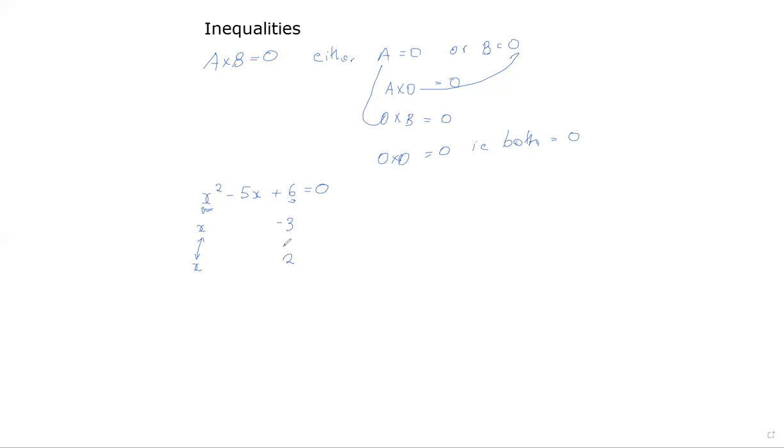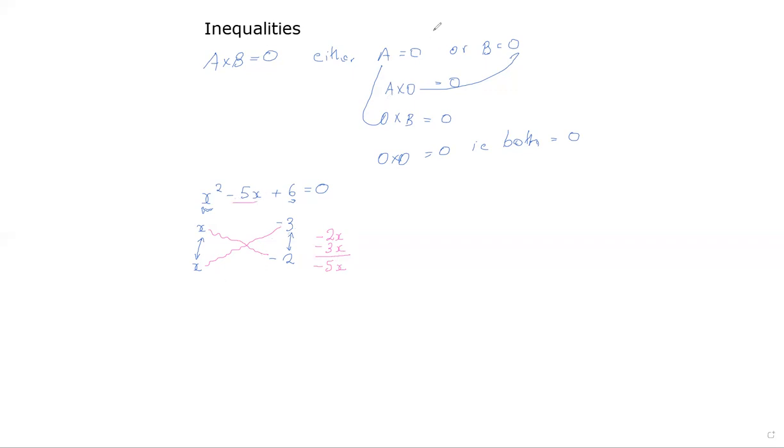It's going to be negative multiplied by negative. These two here will give us a 6. But if you multiply an x by a negative 2, you get negative 2x. Multiply x by negative 3, you get negative 3x. That gives you negative 5x, which is that.